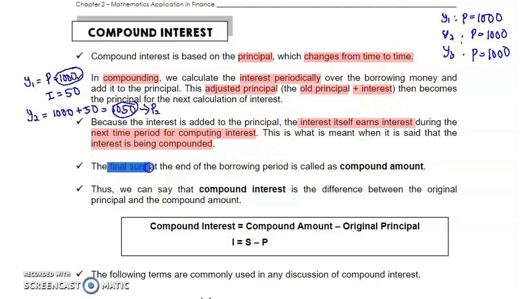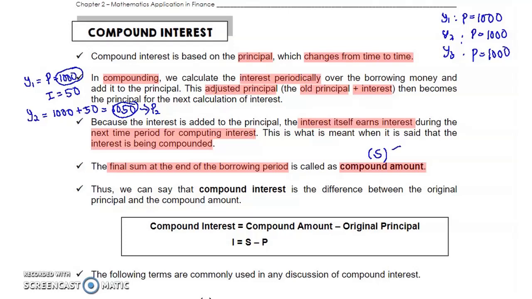The final sum at the end of the borrowing period is called the compound amount. So the compound amount is actually similar to the concept of simple amount, the value at the end of a certain period. Here for compound amount, we still use the symbol S, similar to maturity value or simple amount.